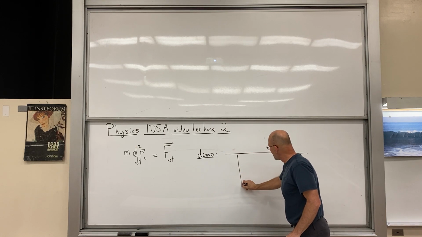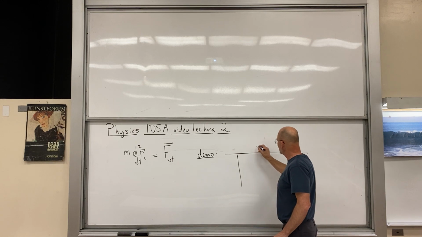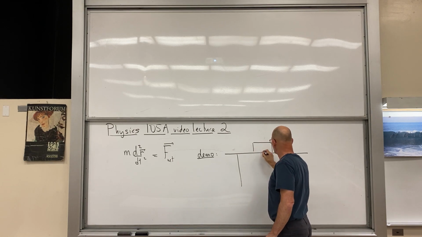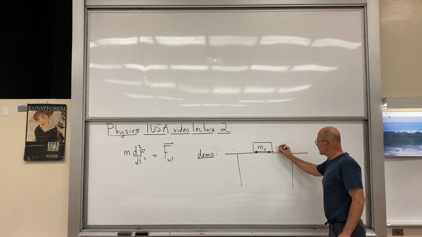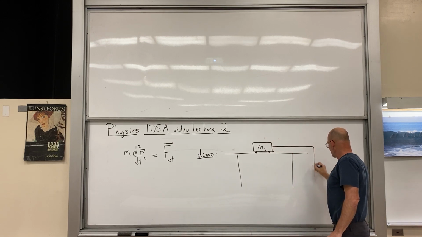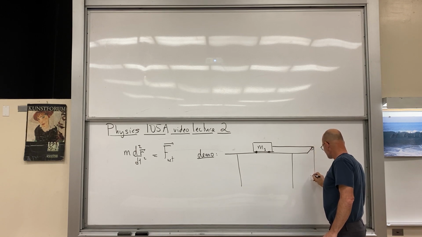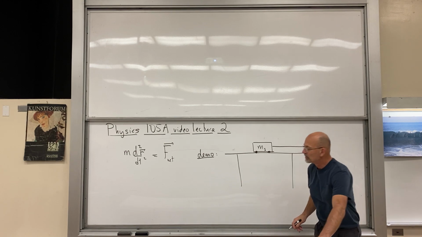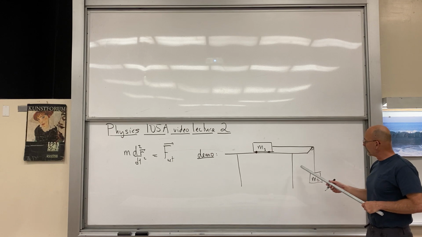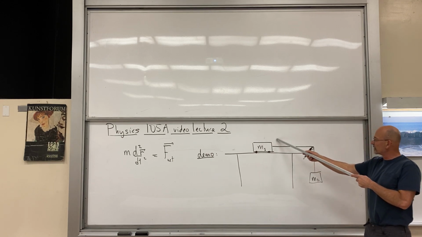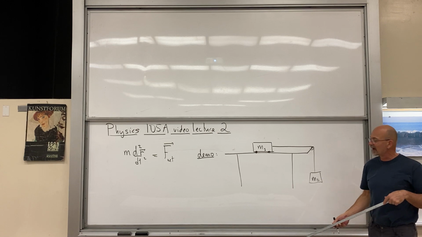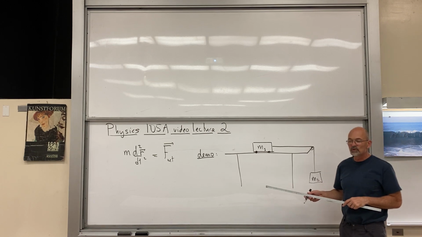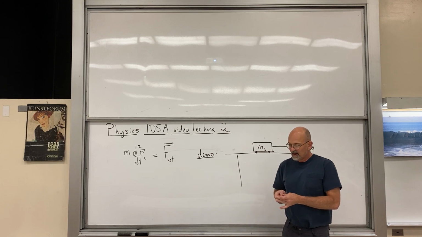So okay, we draw a tabletop, and up on this tabletop we have a car, we're going to call M1, and it's connected via a thin string that goes over a little pulley here to a second mass that's hanging here, M2, and you can imagine the system has no friction, and you release this thing and it just accelerates forward. This one moves down at the same time. So that's what we're going to analyze in terms of Newton's laws of motion.